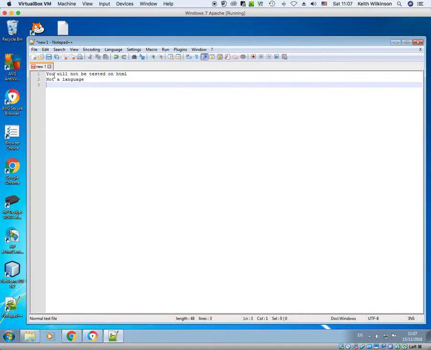As far as your exam is concerned, the theory behind it is really important. And that is why I am doing it. So for example, we're going to see two different languages. We're going to see JavaScript and we're going to see PHP. Now, either one of those could have been chosen for your project.